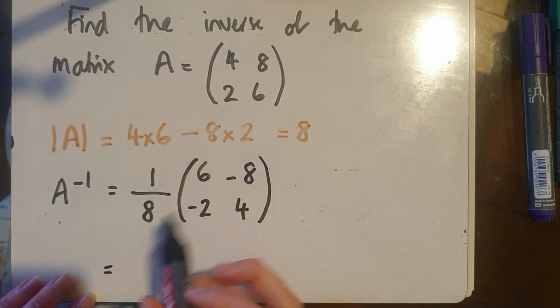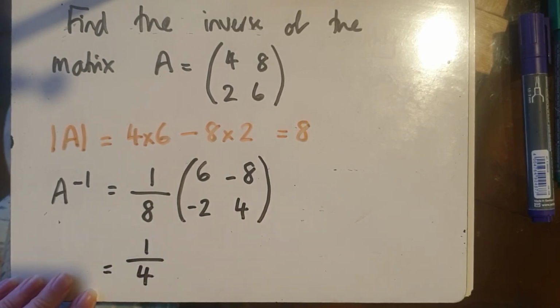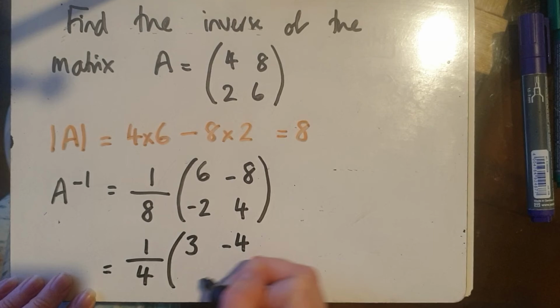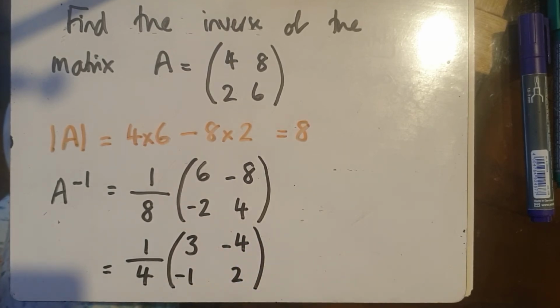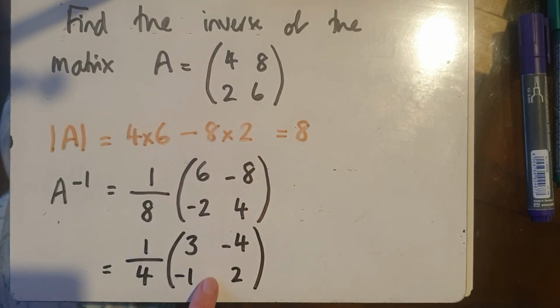So I can halve these, which will mean the fraction outside will now be a quarter, and this will be 3, negative 4, negative 1, 2. And that's it. So this matrix here is the inverse of A. If I multiplied these two together, including the quarter, I would get the identity matrix.